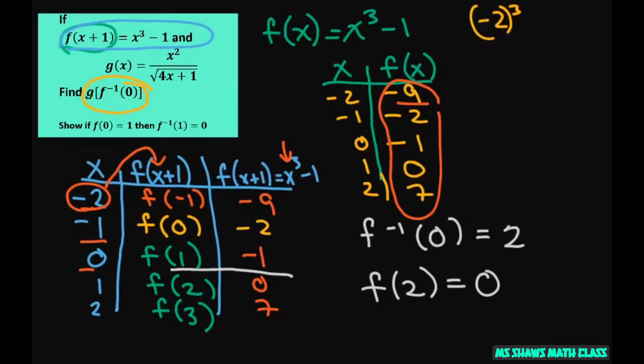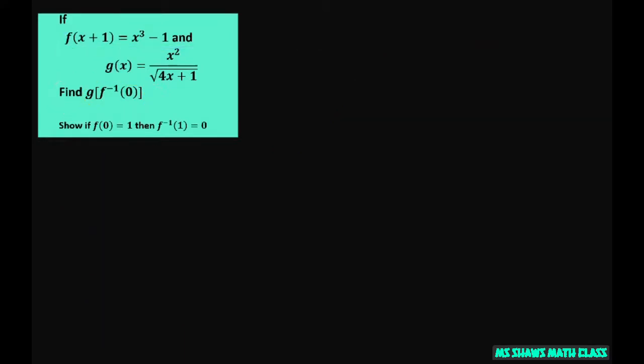So there it is. f of 2 equals 0. So f inverse of 0 equals 2, just like we did on the previous slide. Now that I know that f inverse of 0 equals 2, I can finish this up.